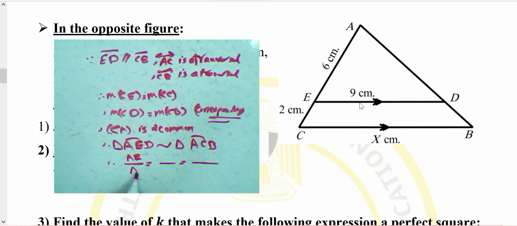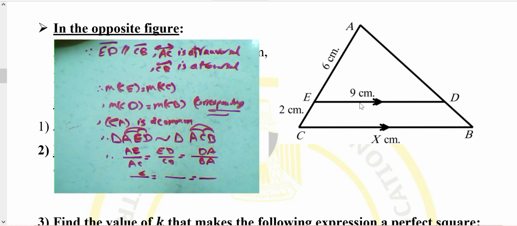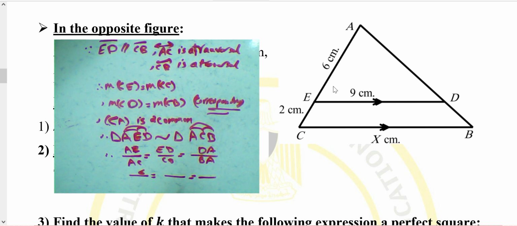Then we have the ratio between AE and AC, equivalent to AD over AB, equivalent to ED over CB. And then we can write AE was 6 centimeters and AC, 6 plus 2, equals 8 centimeters, and ED is 9 centimeters, CB was x.